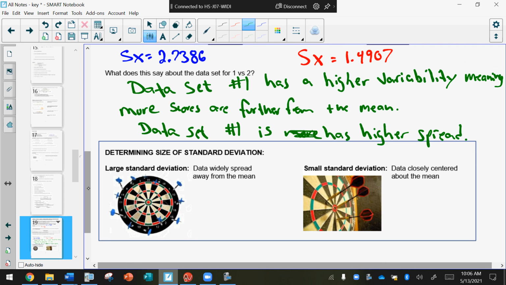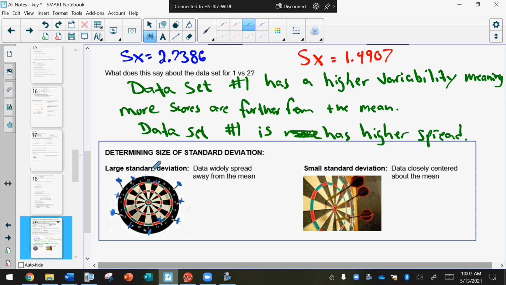So if you think about a large standard deviation, think about a dartboard, to give you a visual. A large standard deviation means your data is widely spread away from the mean. If you add up all the scores and divide by the number of scores, you get your mean, your average. If you have a high standard deviation, those data points are really spread out far away from your mean.